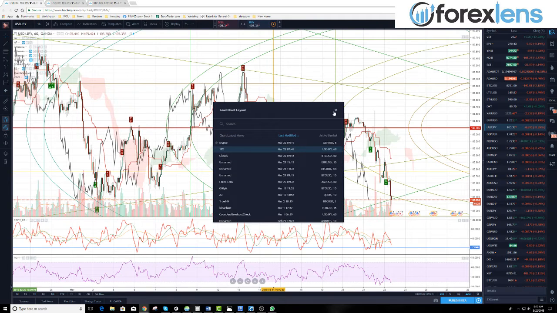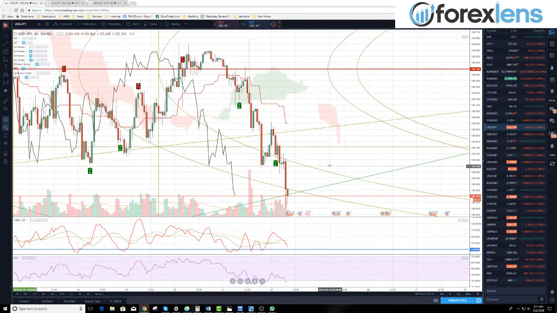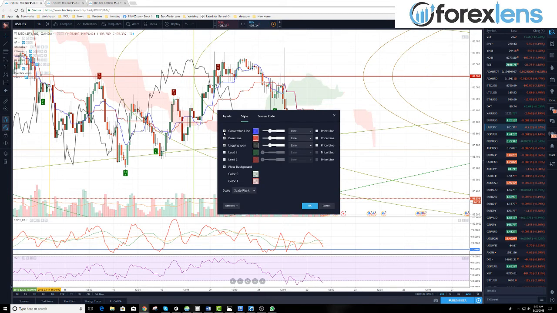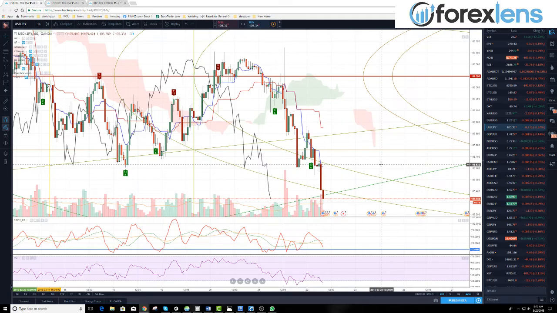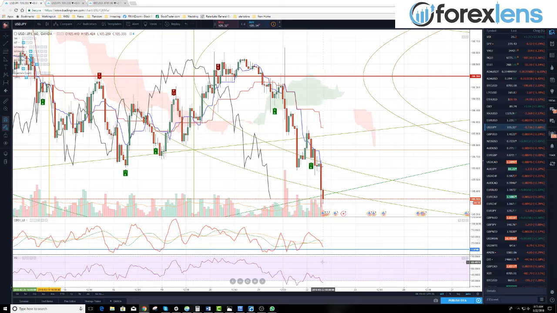Let's take a peek at what we've currently got going on. So the dollar-yen pair, we're below this 45, but we're very extended in the oscillator, so we should expect it to start trading above this line again and find support coming back in.